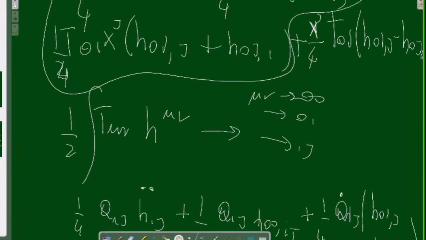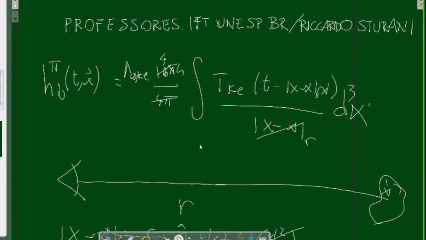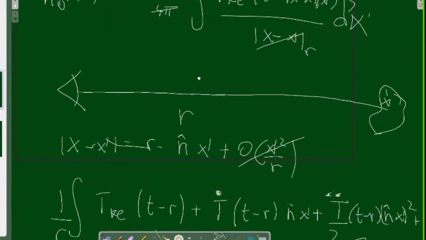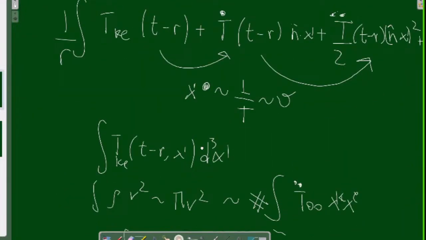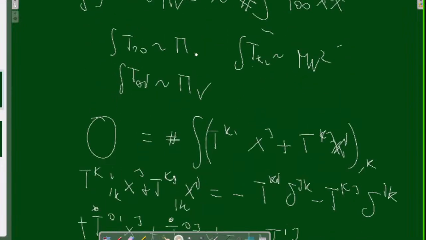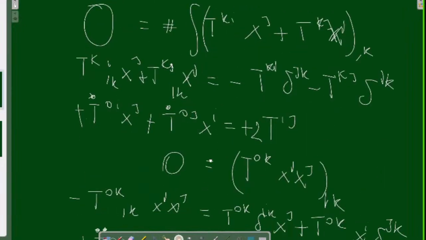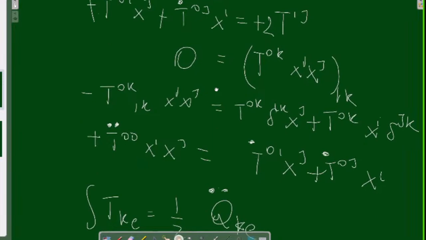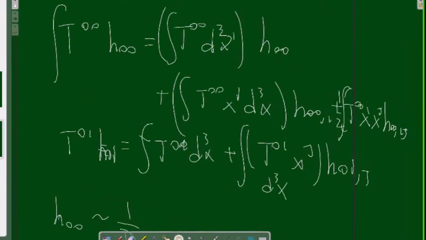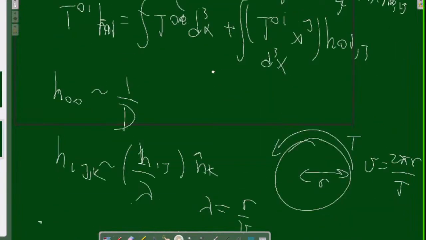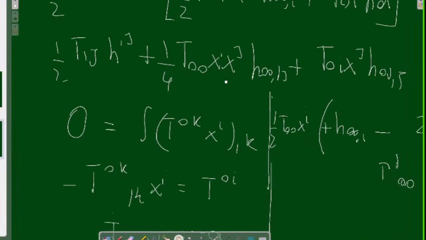You can check in the page before that. In the page before, you will see the trick. It's here. You see? The first moment of T0i, symmetrized, is the second moment of T00 with two derivatives. So I just plug it back, and I get this.